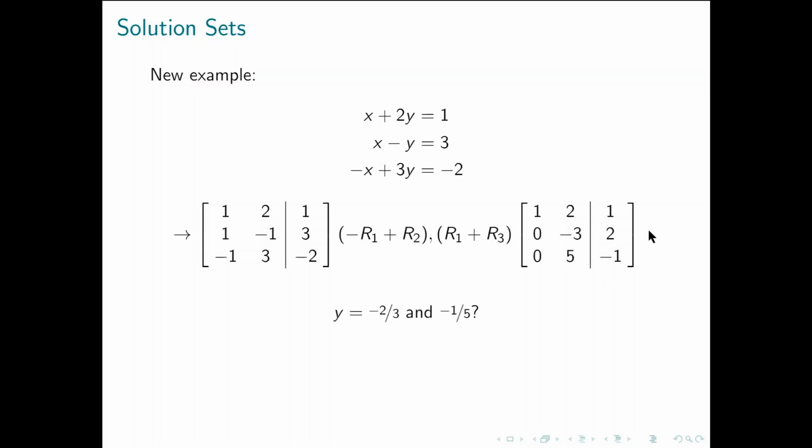So when I solve for y, I get 2 conflicting values. The second row gives me y is equal to -2/3, and the third row gives me y is equal to -1/5. So these are conflicting values. And in this case, we don't think of our equations as pieces of information like we did earlier. Now we think of our equations as constraints.